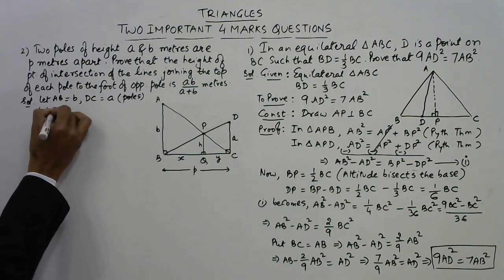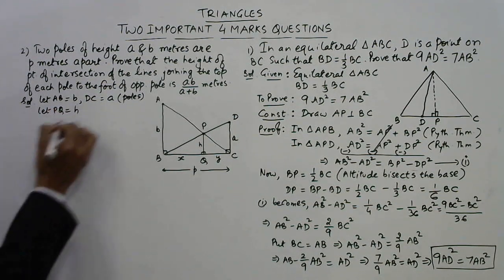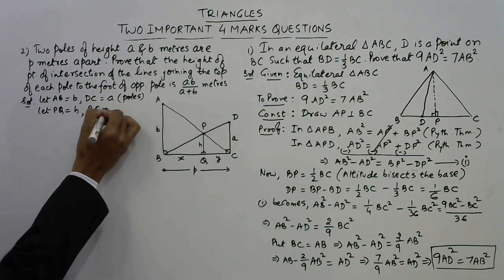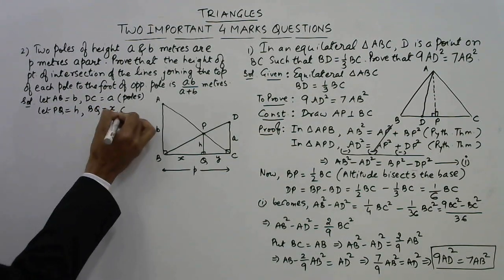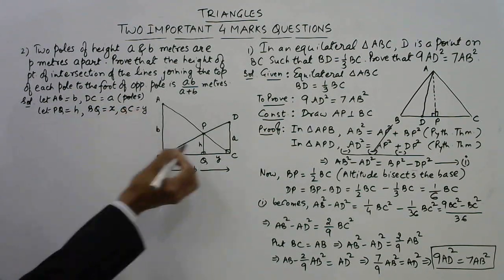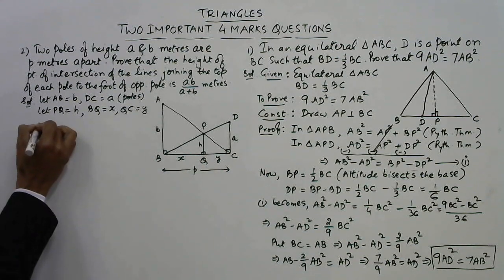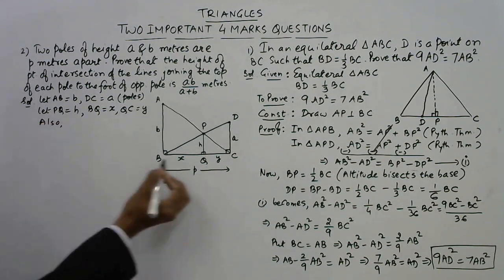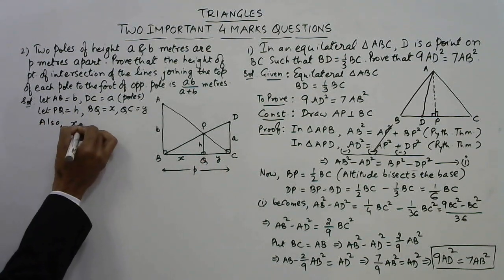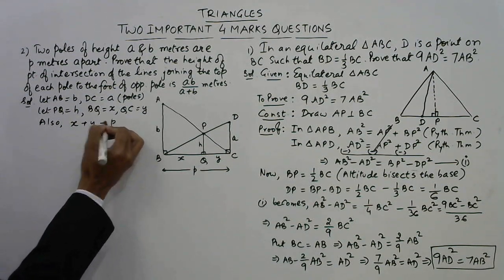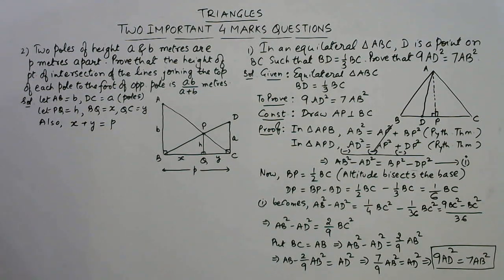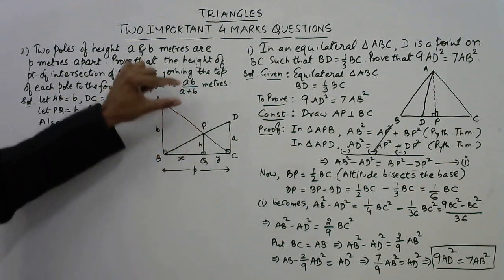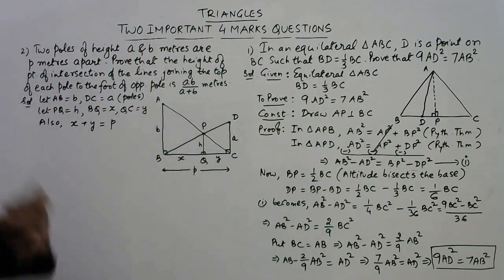Let PQ equal to H, BQ equal to X, and QC equal to Y. These three things are to be assumed. Also, these two distances X and Y, they add together to give you P. Now this is given in the question. And now we need to prove that H is equal to AB upon A plus B.